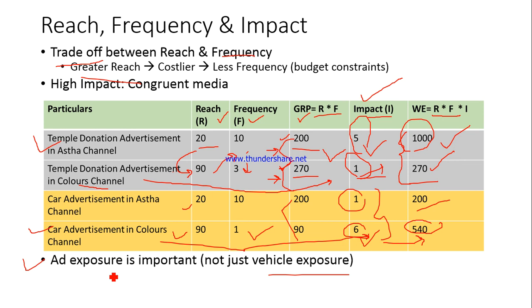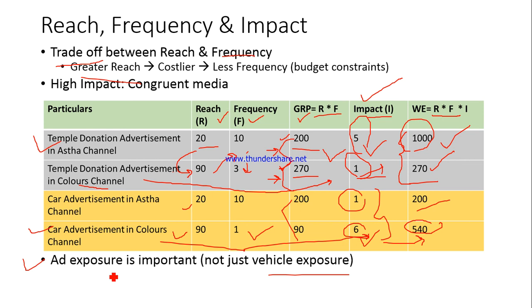However, what is important is to have ad exposure rather than having vehicle exposure. Fine. So let us say if you have come up with an ad and you are showing that ad on the Santushti television network, the local cable network here in Pithoragarh. So if somebody only watches the channel but they ignore your ad, or they somehow miss out watching your ad, then this would be an example of vehicle exposure.